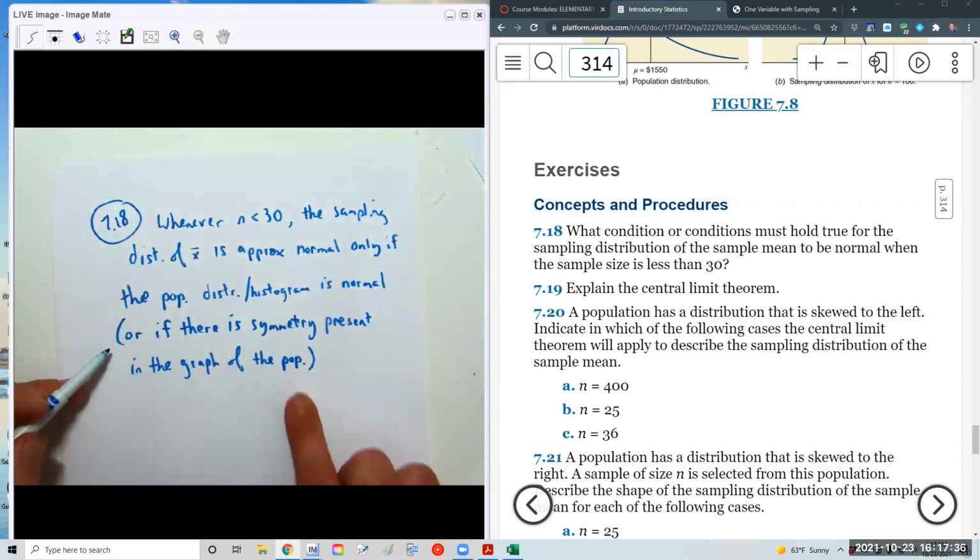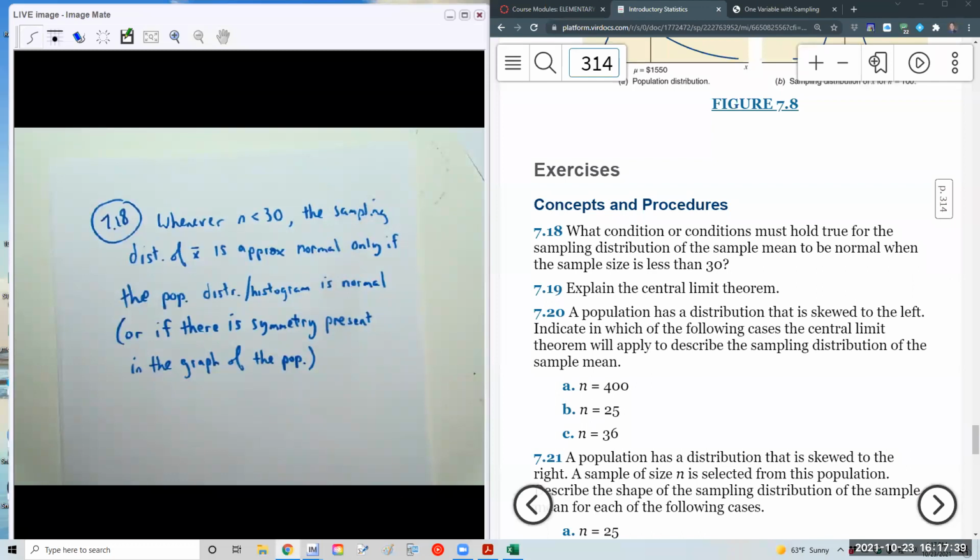So this last little piece that I added on there, the book doesn't tell you that, but that is true.